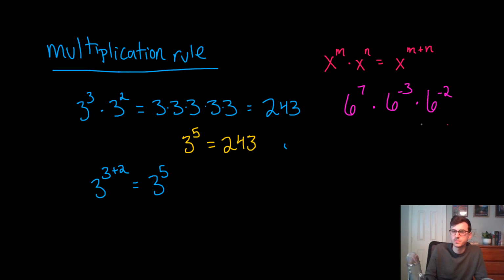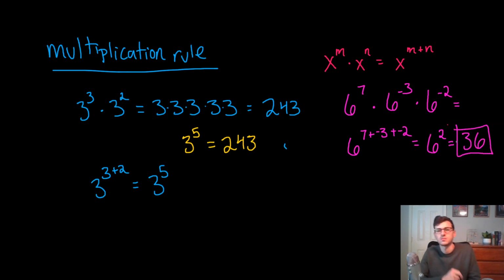What would that be? Well, nothing changes just because I have negative numbers or because I have 3 numbers. It's just 6 to the 7 plus negative 3 plus negative 2. 7 plus negative 3 is 4. 4 plus negative 2 is 2, so that would be 6 squared, which is 36. And that's your answer.